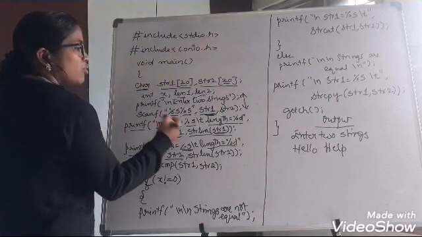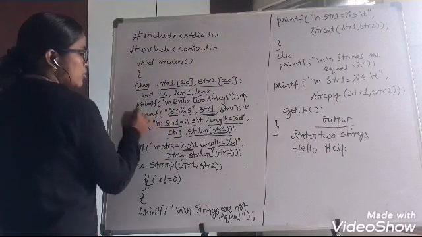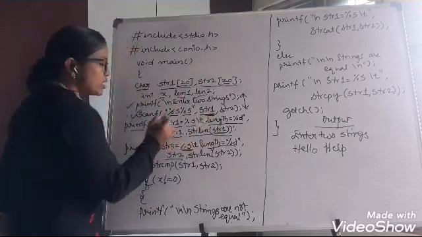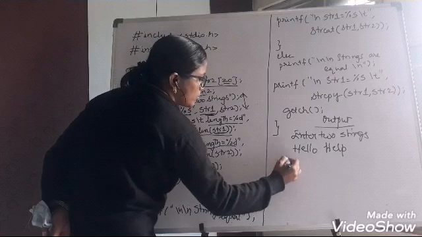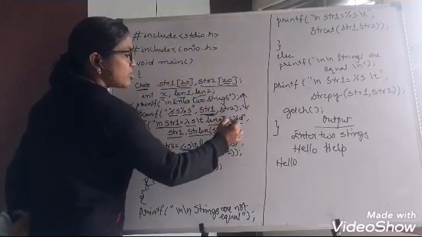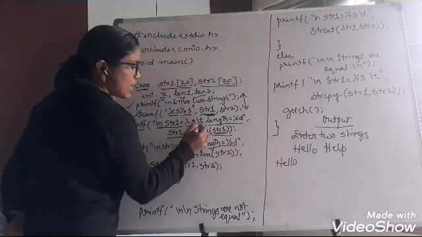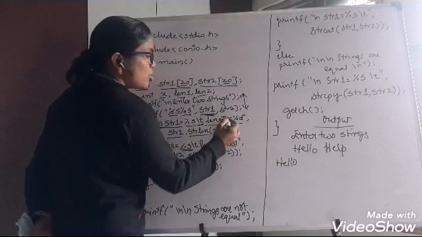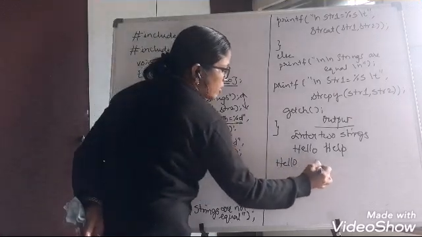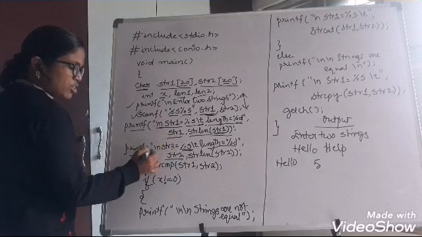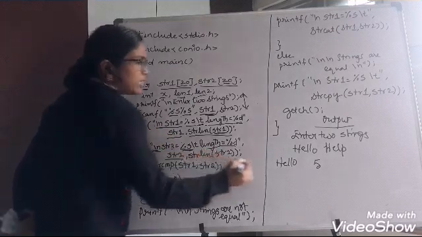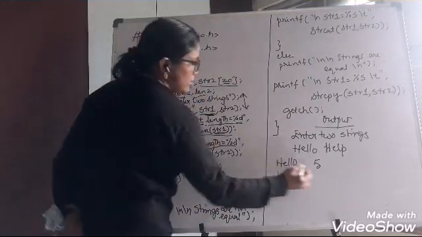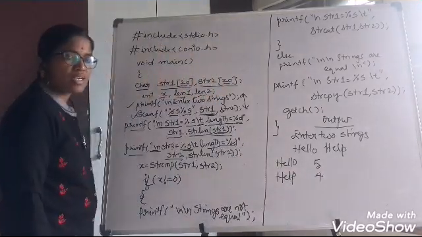Next it has to print string 1, that is hello, and the length of the first string. I have given a tab space, \t is used for tab space, hello with the length. How many characters does it have? 5. With a new line, I am writing the next string, help, followed by the length. The length is 4 characters.